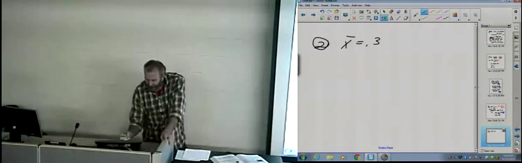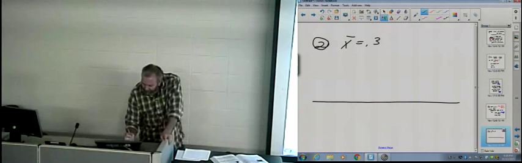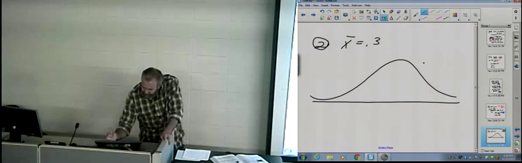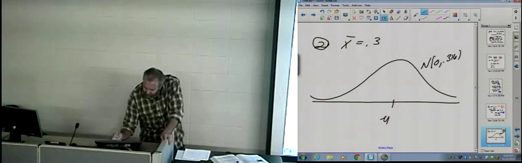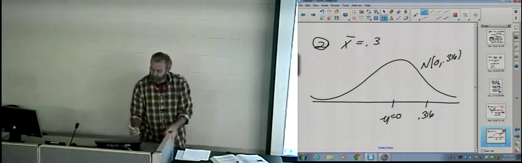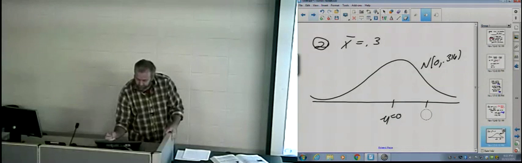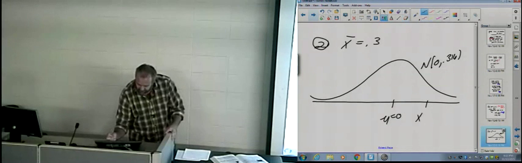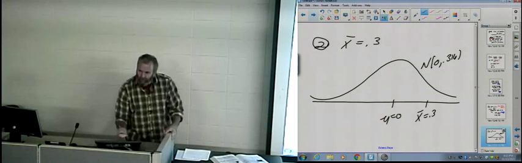So here's what I have. I have this picture right here. Here's this normal distribution, mean 0, standard deviation 0.316, mu is equal to 0, and here sits 0.3, my x bar. X bar is sitting right here at 0.3.